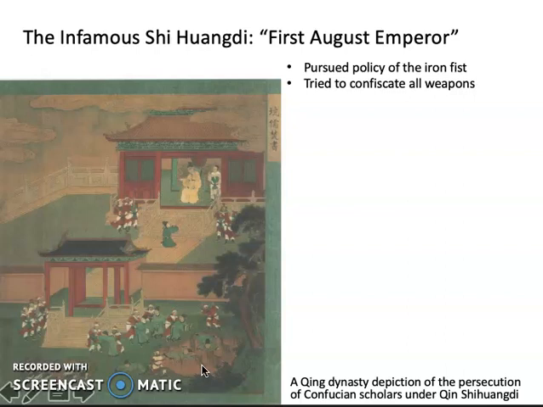So he's trying to control thought, to institute thought control, and to make competing or dissenting ideas something that you can be killed for.